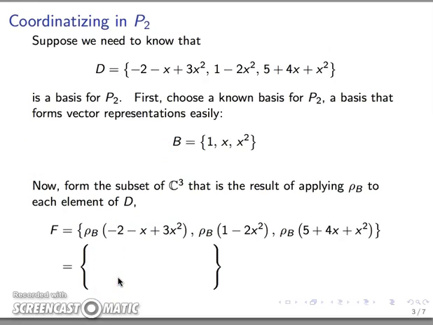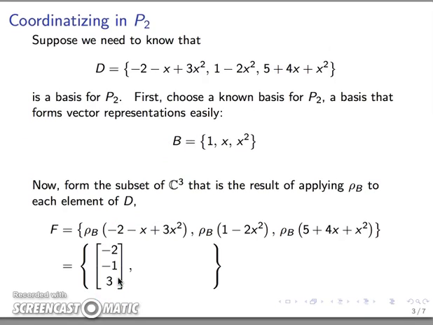That first vector representation contains the numbers -2, -1, and 3 because those are precisely the coefficients needed to express this object as a linear combination of the basis elements of that set B. If we now consider the vector representation of this object here, we have to also take into account that this is 1 plus 0x minus 2x squared.